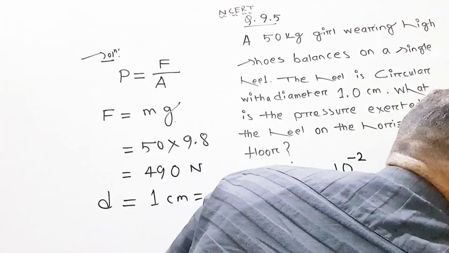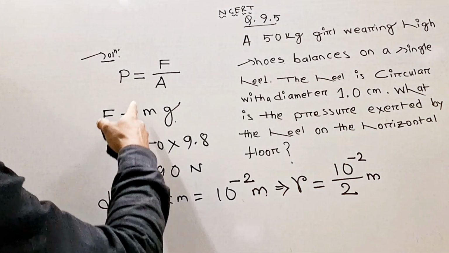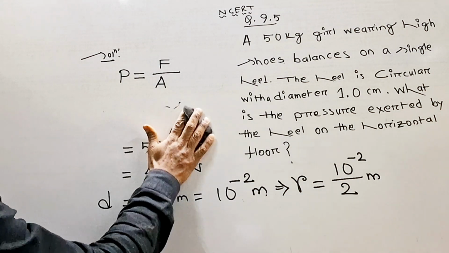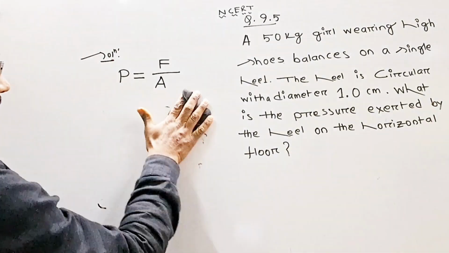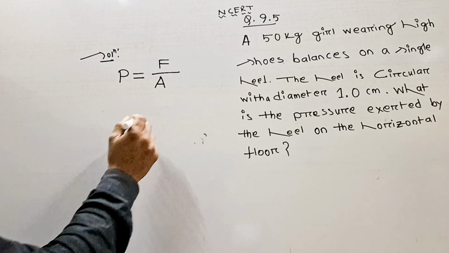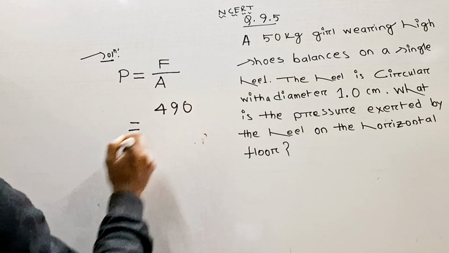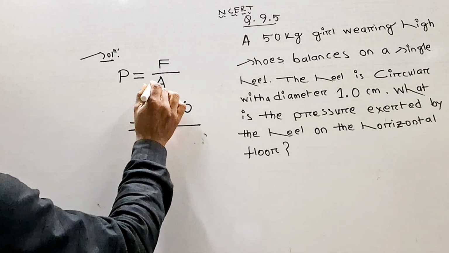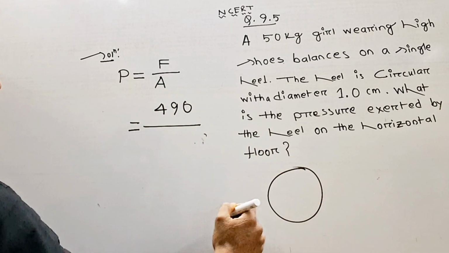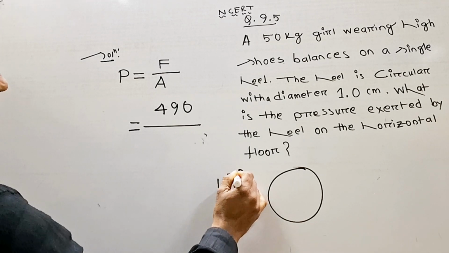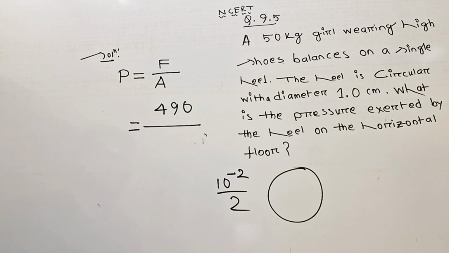Now just put the values in this formula. Let me write this. As we obtained, force F is equal to 490. And the area formula is pi r square, as the heel is circular, where r is 10 to the power negative 2 by 2, as we calculated just now.